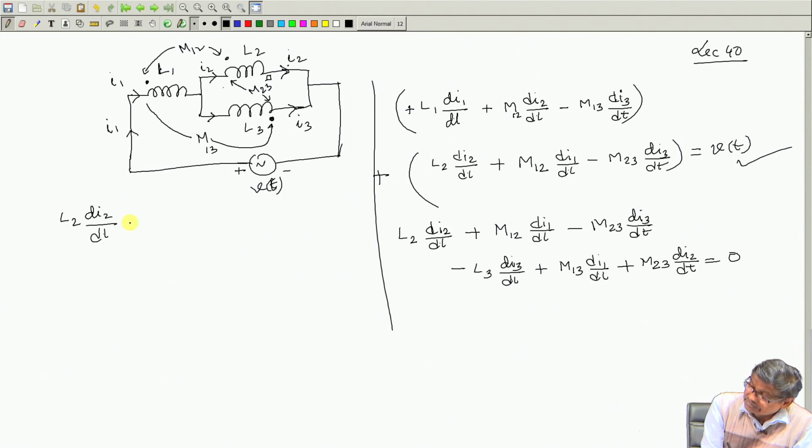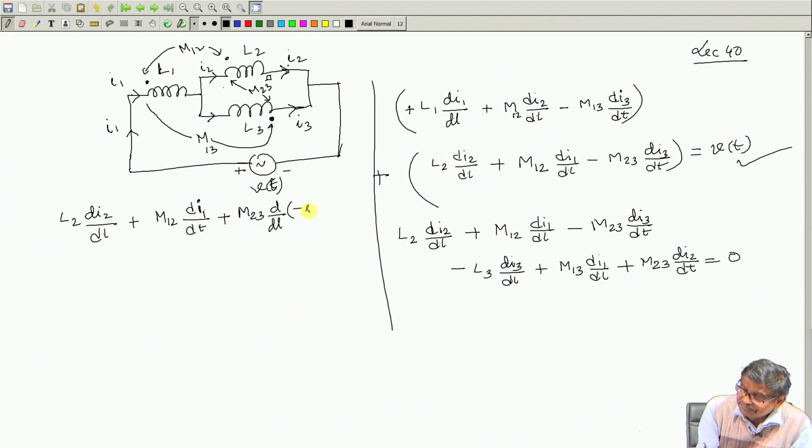So, plus M12 dI1 dt. Now, here once again I will write plus because of this coil, and I will write M23, left hand side will be only plus, but then you have to write d dt, what is entering through dot, minus I3. That will bring that minus sign here.